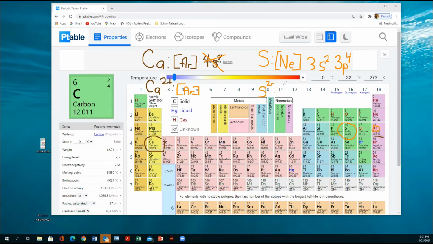In this case, if we write it out this way, it would be neon 3s2 3p6, which would just be argon.